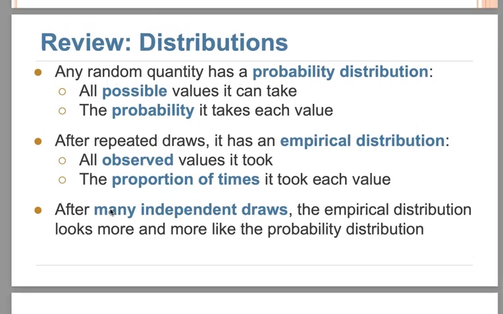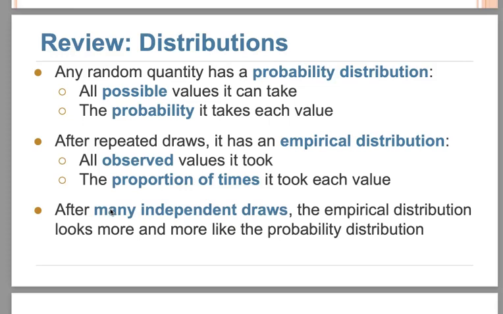Before moving to introduce models, we have two things we want to do. The first one is a quick review of the distributions from last lecture. Any random quantity has a probability distribution: all the possible values it can take, and the probability it takes each value.